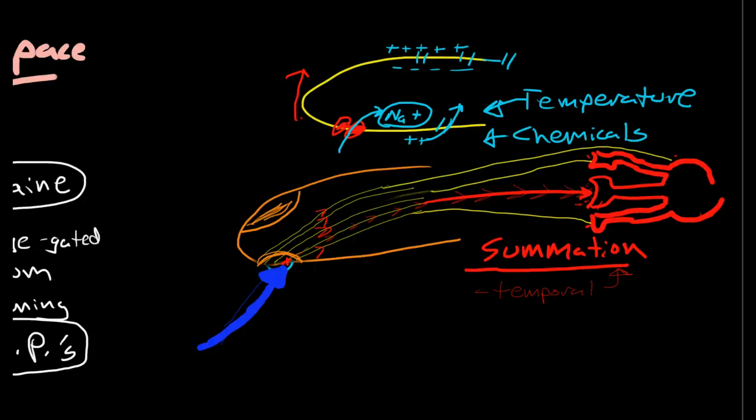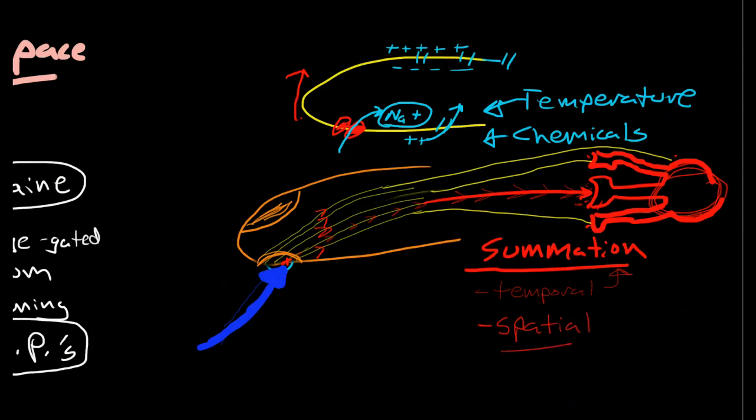Between all of them getting added up by this single nerve, that reaches the threshold so that it can propagate a new action potential. And this is called spatial summation, where multiple nerves are involved.